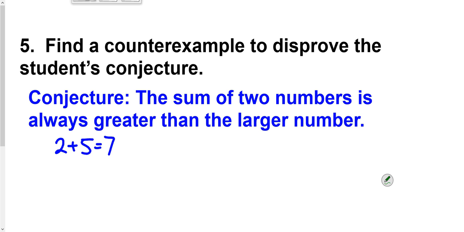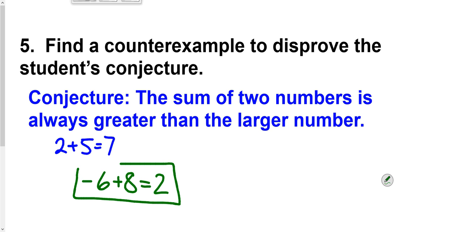So we could say, well, -6 plus 8 equals 2. Well, the sum is less than the larger number. 8 is the largest number, and 2 is less than that. So we've found a counterexample for that conjecture.